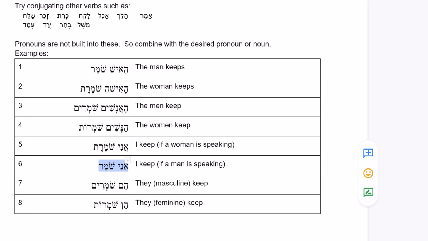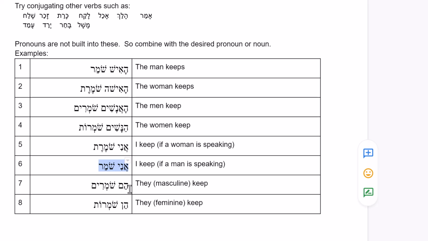In the perfect tense, you don't have to add a pronoun because, for example, shamarti means I kept, so you don't have to say ani shamarti. That's either redundant or you're adding emphasis. But with the present, you do have to add the pronouns if you're not referring to a specific noun. So ani shomeret, ani shomer.